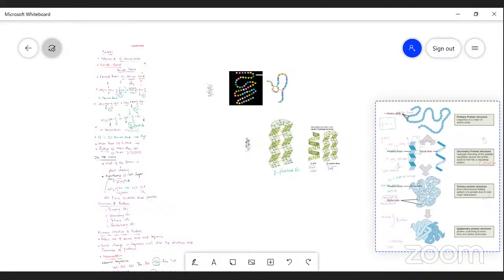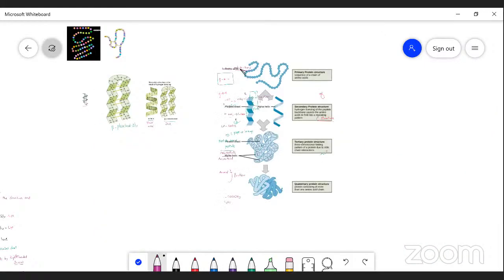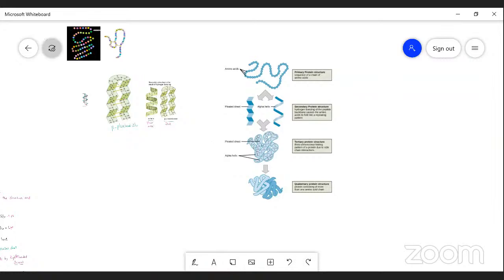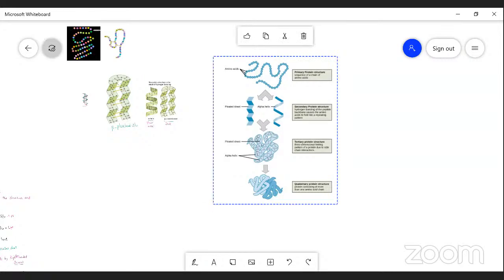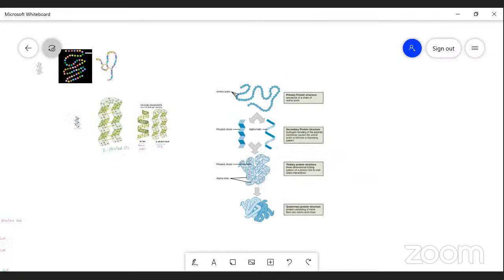The primary structure represents the sequence of amino acids. What is the importance of the sequence of amino acids?